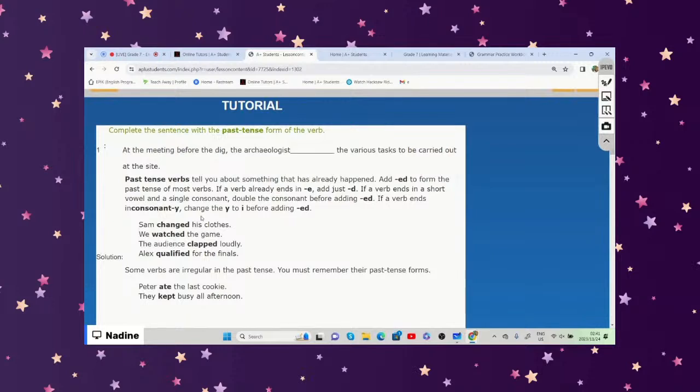For example, Sam changed his clothes. And this basically shows it is regular because it just adds a d or ed.